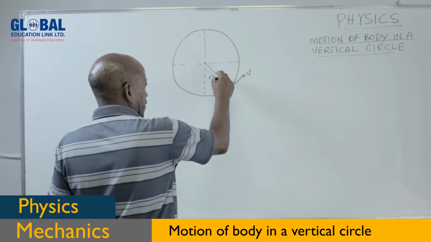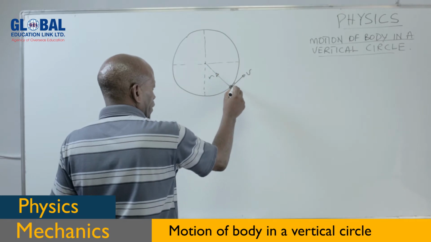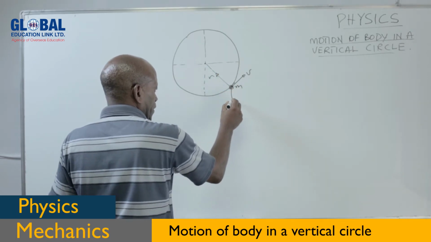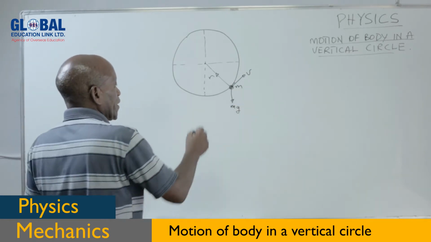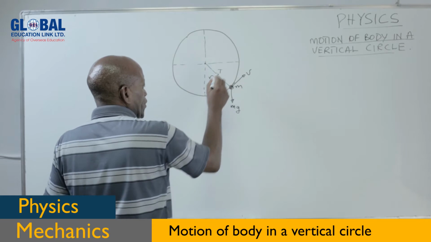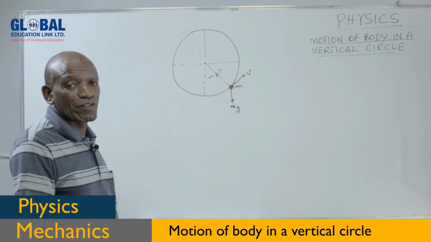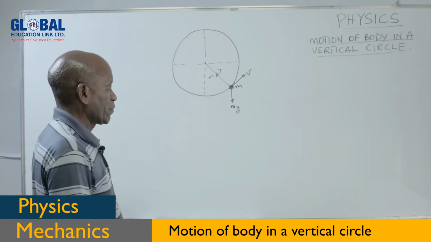First of all, if this body is of mass m, there is a weight mg acting vertically downward, and also there is a tension T which keeps holding this body to move in a circle.